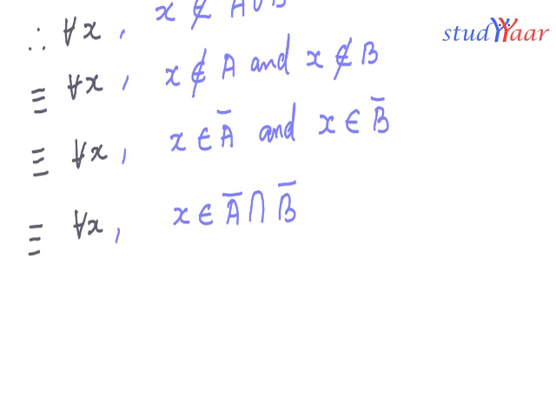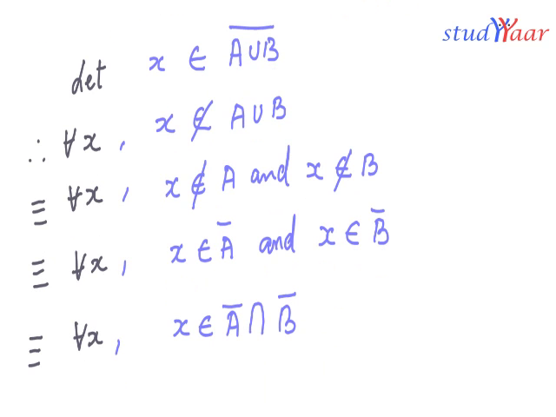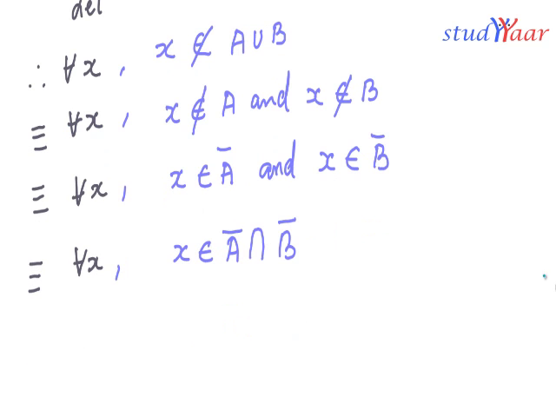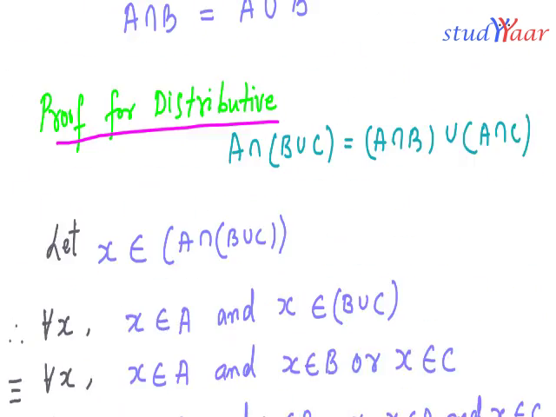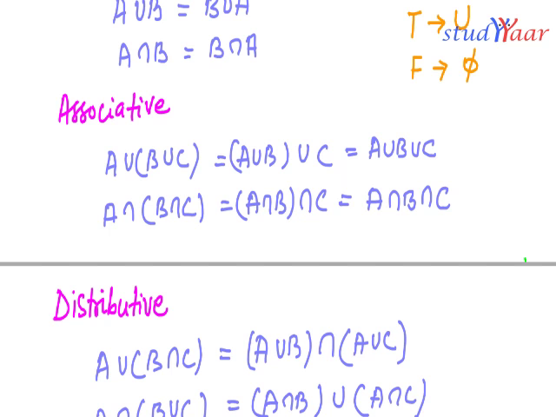So I have just proven that for all X which are part of A union B the whole complement, they are also part of complement of A intersection complement of B. Therefore A union B the whole complement is equal to complement of A intersection complement of B. In a similar way you can also prove all the other theorems.